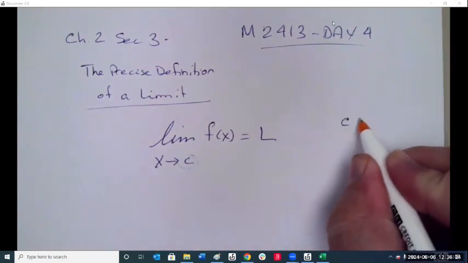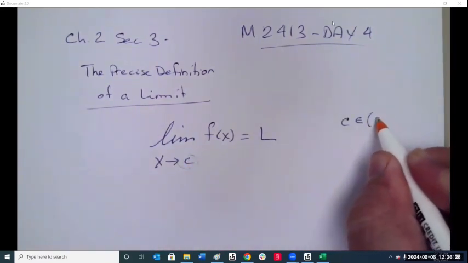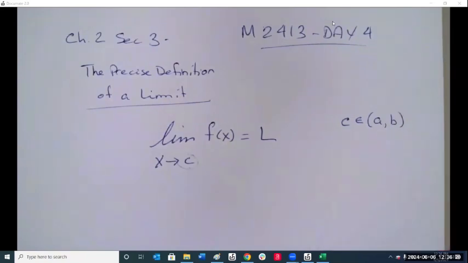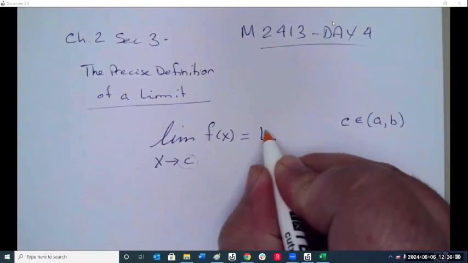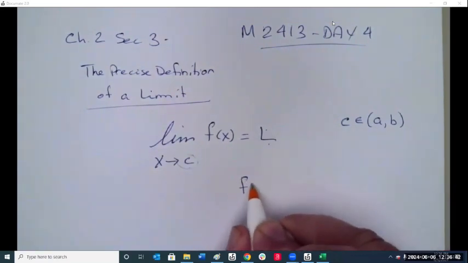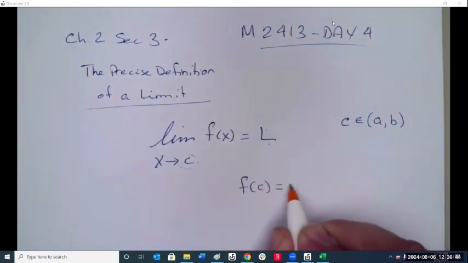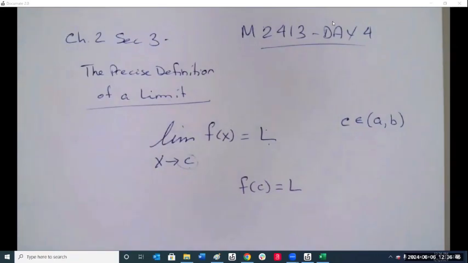Well, C has to be an element that's inside some closed interval that defines our function. And f of C is actually the limit value.